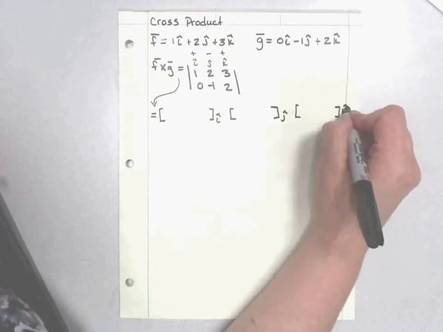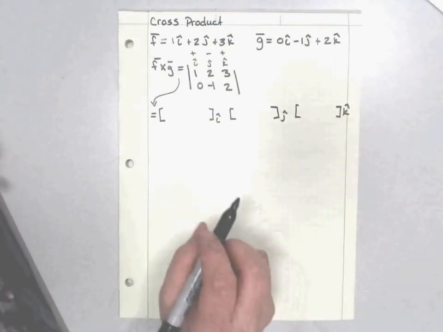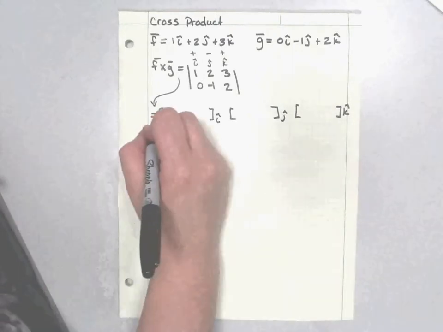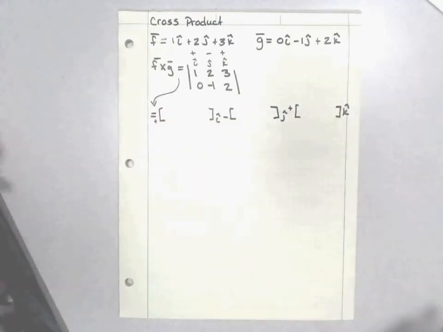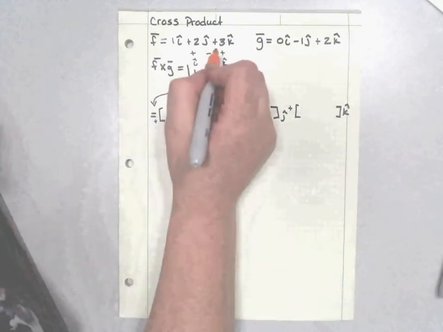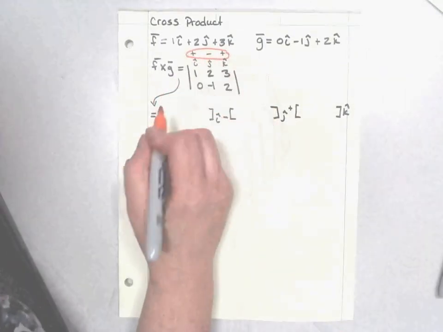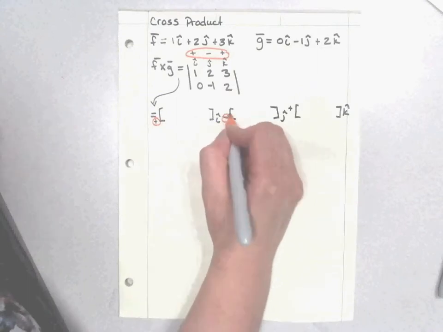and my k component. Now I'm going to put here a plus, minus, and plus, and that comes from right here. Plus, minus, plus.